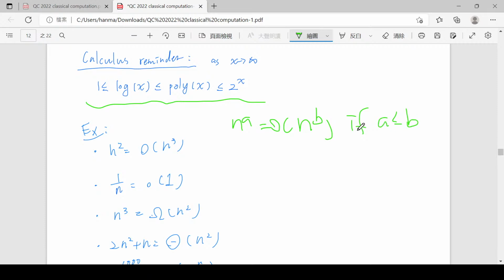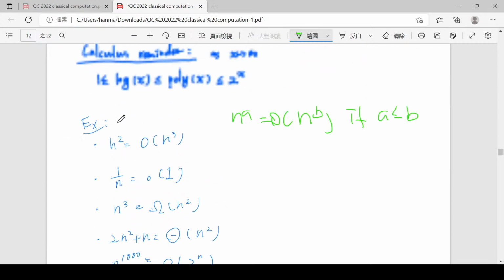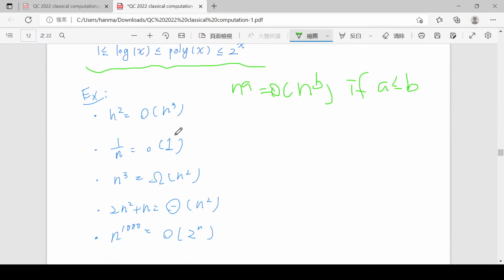Okay. This is quite simple calculus, or just algebra, you can check. And an example of small o that people often use is small o of 1, which means something even smaller than a constant, like 1 over n, or 1 over poly n. As n goes to infinity, this thing actually goes to 0, right? So that's why it's less than just a constant.